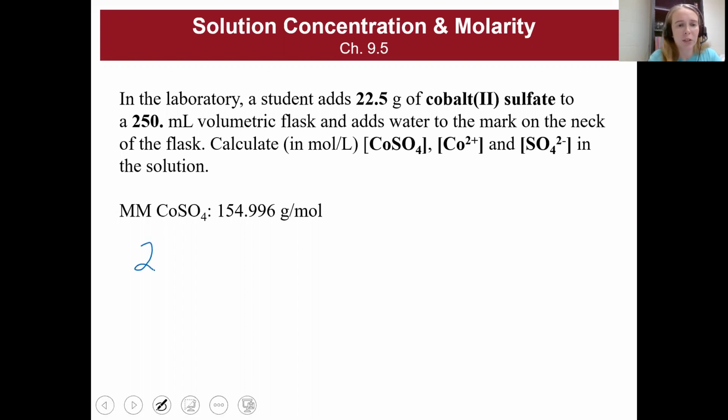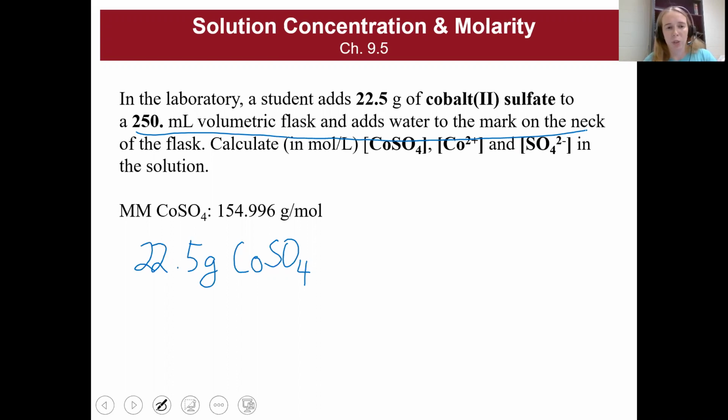So we've got 22.5 grams of cobalt sulfate, and we want to make a solution out of it. We are going to add that solid to our volumetric flask and then dilute it to the mark, so that it is exactly 250 milliliter solution when we're done.